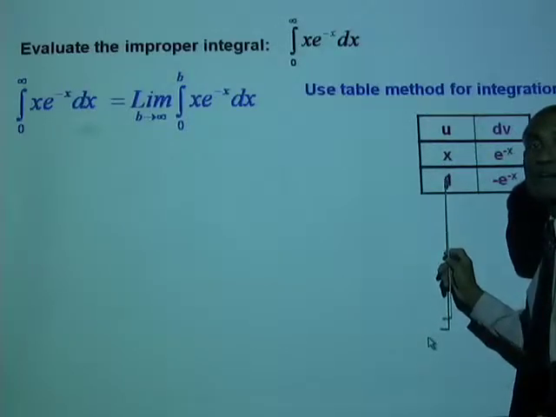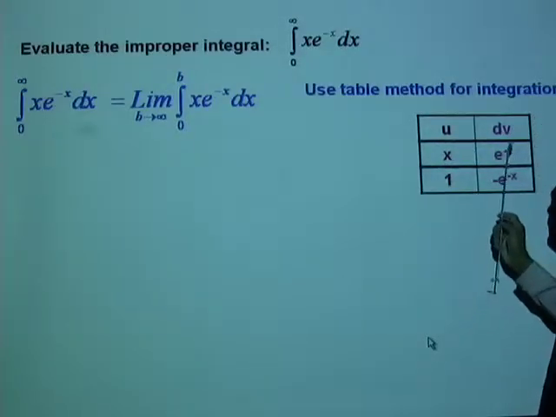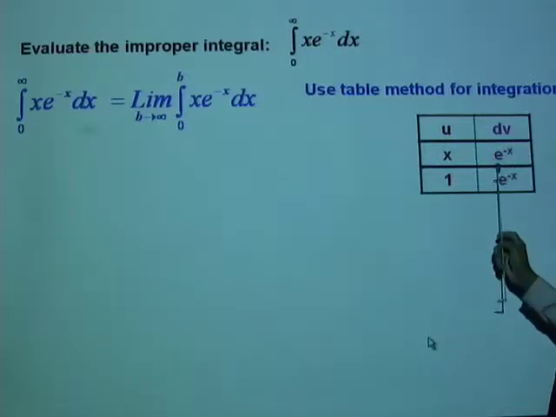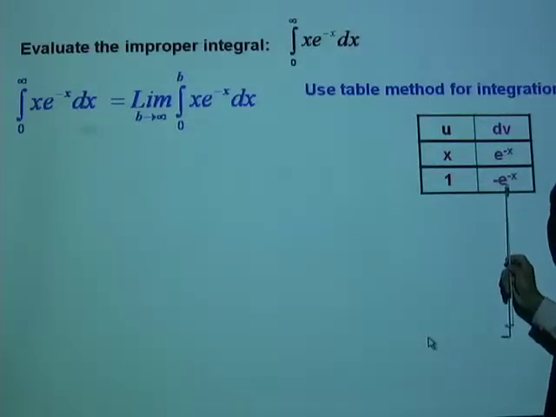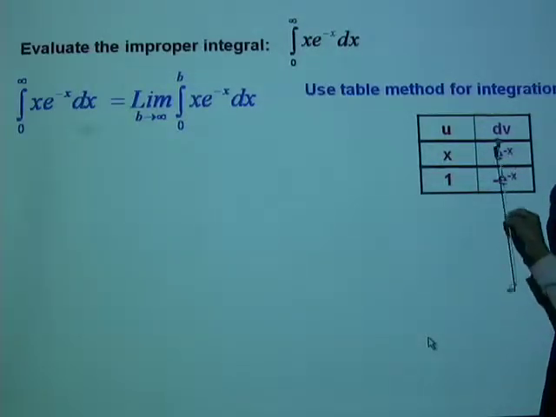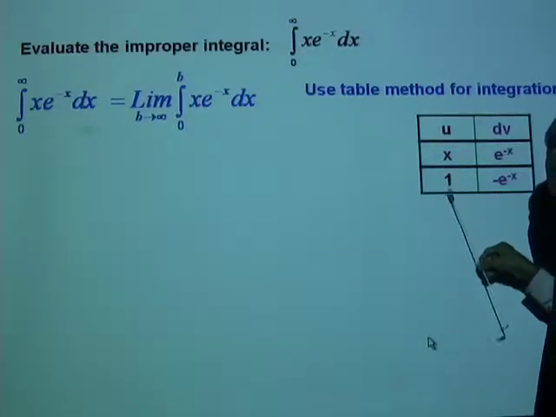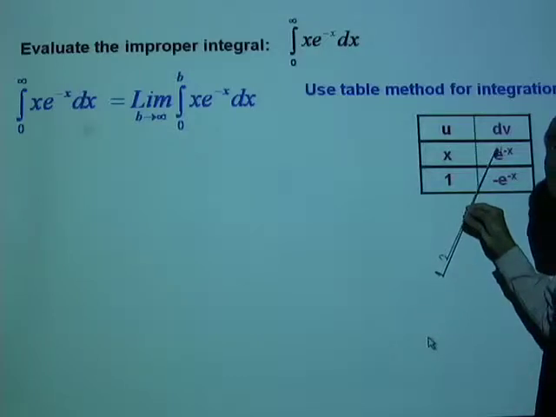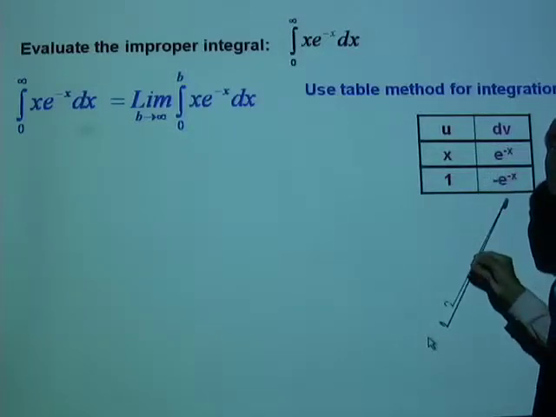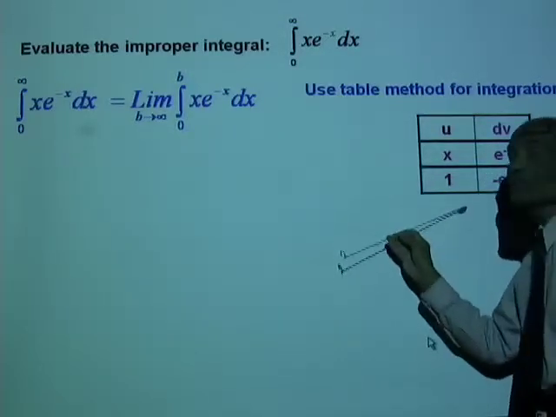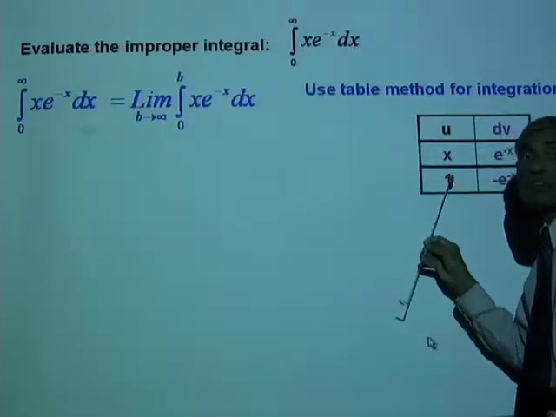Derivative of x is 1, and the integral of e to the negative x is negative e to the negative x. So I hope you remember, find the derivative of u continuously and find the integral of dv continuously. All right, what will be the next step that you have?